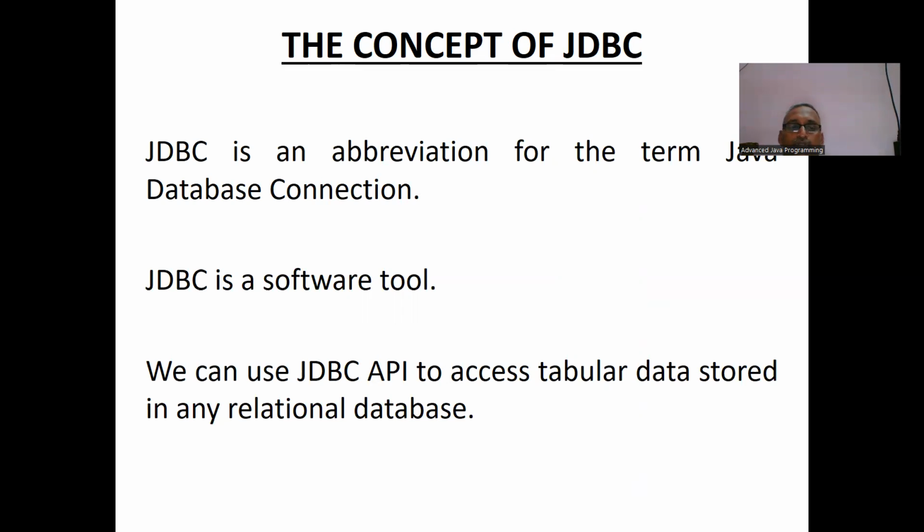We can use the JDBC API to access tabular data stored in any relational database. With the help of the JDBC API, we can save, update, delete, and fetch data from the database.